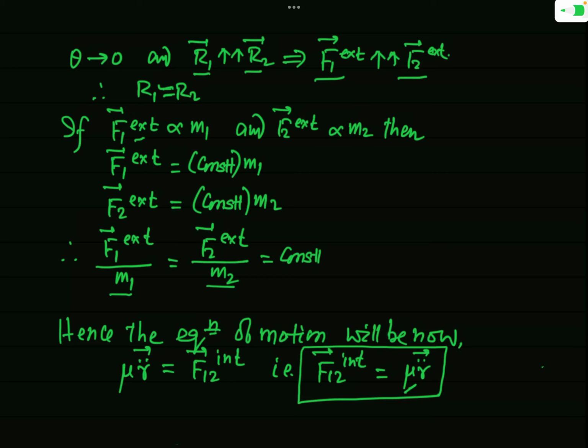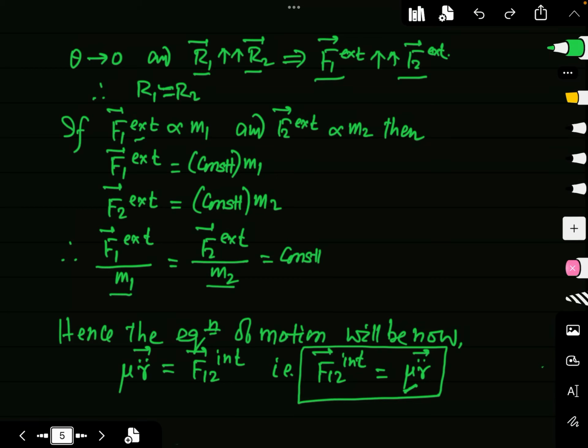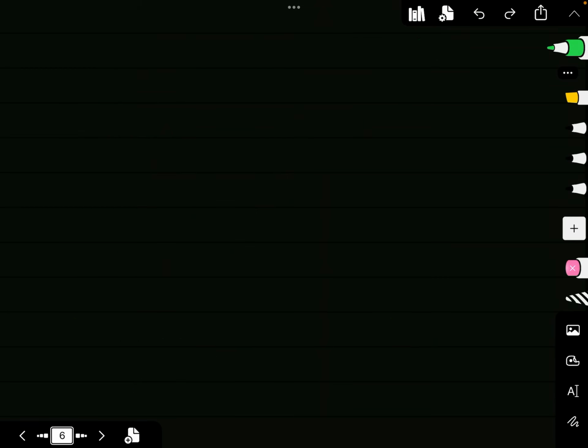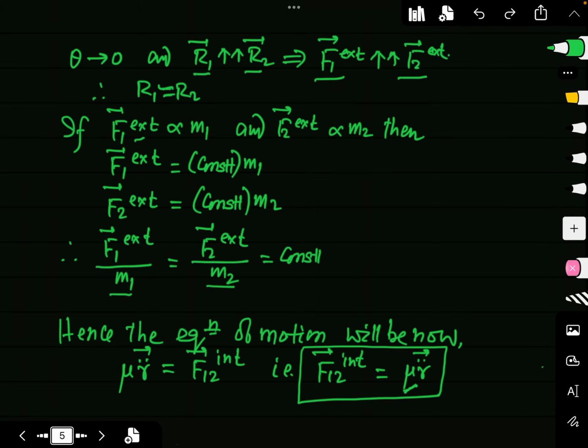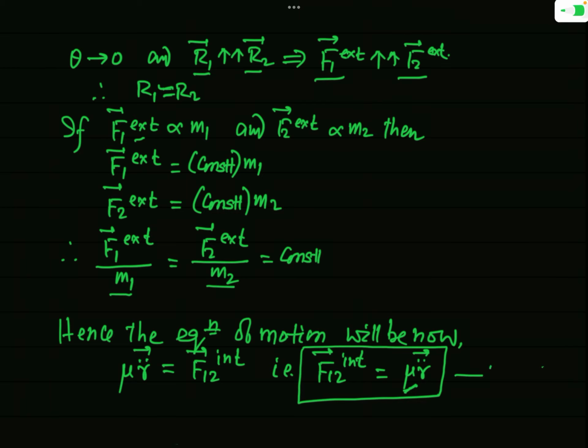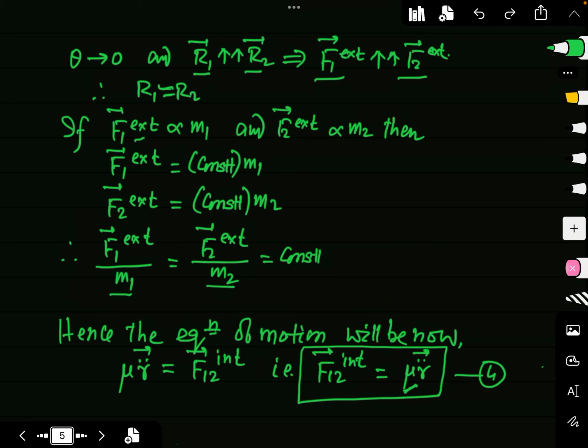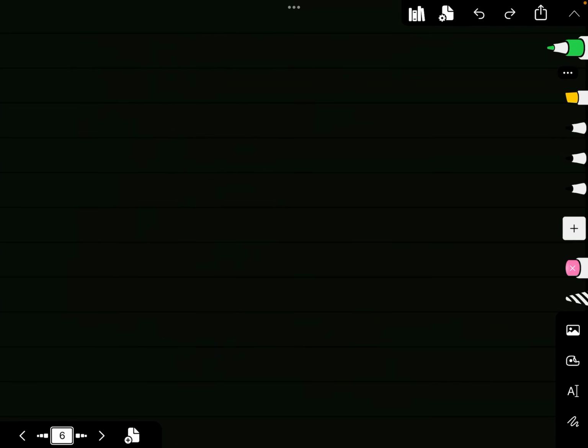So how will this mu be considered? How will this problem be reduced to a single body problem? You can now see, with the help of this equation which I have just obtained, say this is equation 4, we can reduce the two body problem into a single body problem.